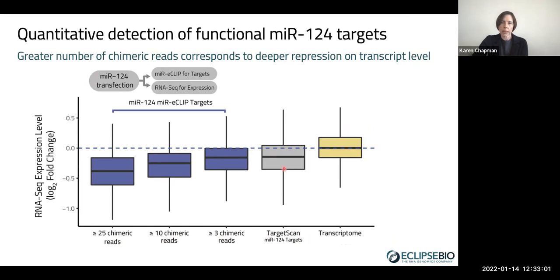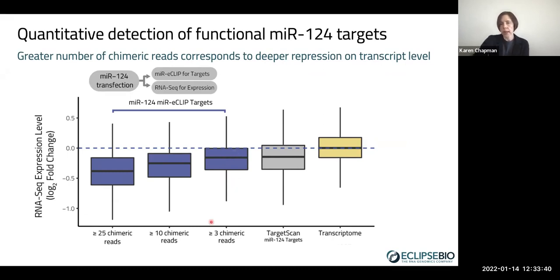If you look at TargetScan, the bioinformatically predicted target sites of miR-124, you can see that many of those target transcripts are actually downregulated. However, the targets identified by miR-eCLIP actually give you, I think, a more nuanced, precise, and quantitative view of the extent to which these targets are downregulated.